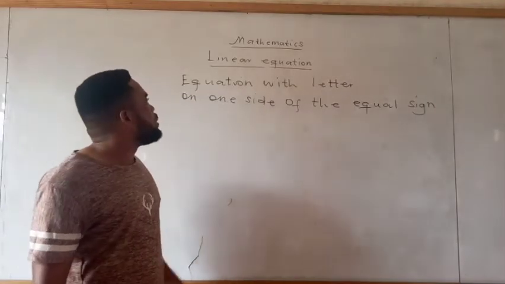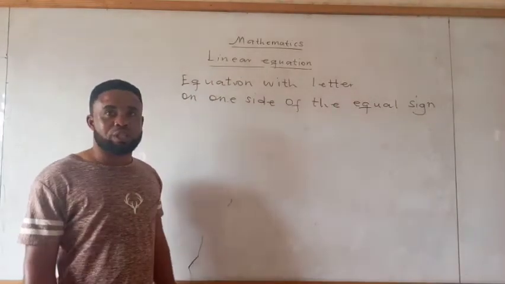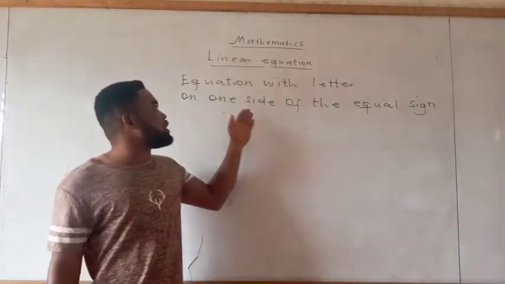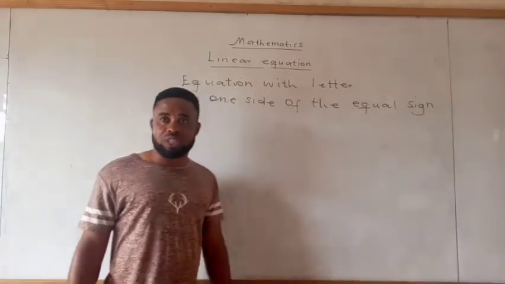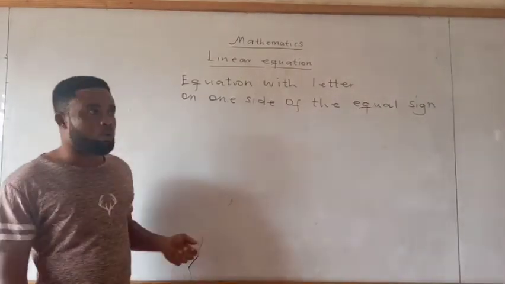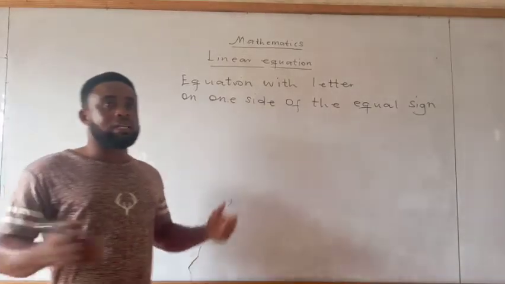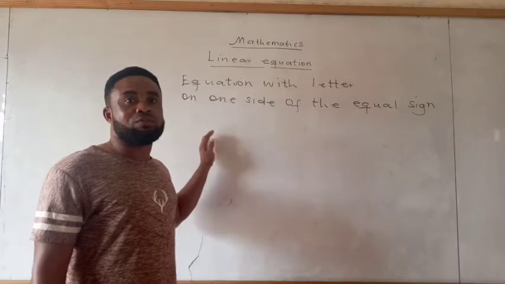We shall look at linear equation today, but we are concentrating on equations with letter on one side of the equal sign. But before then, let's know what linear equation is. A linear equation is a numerical statement that involves what?